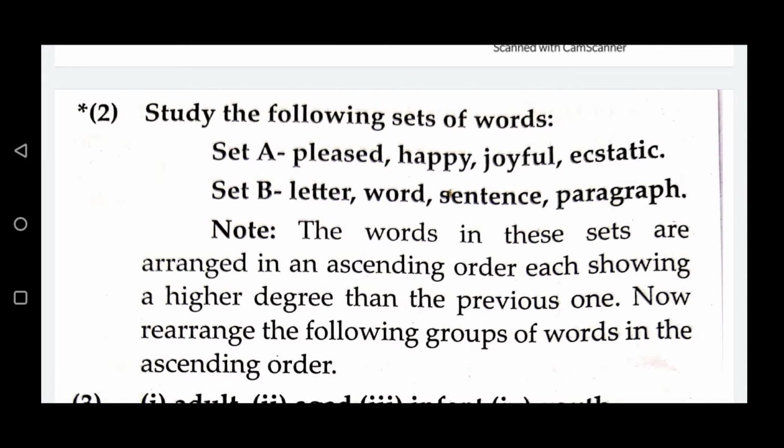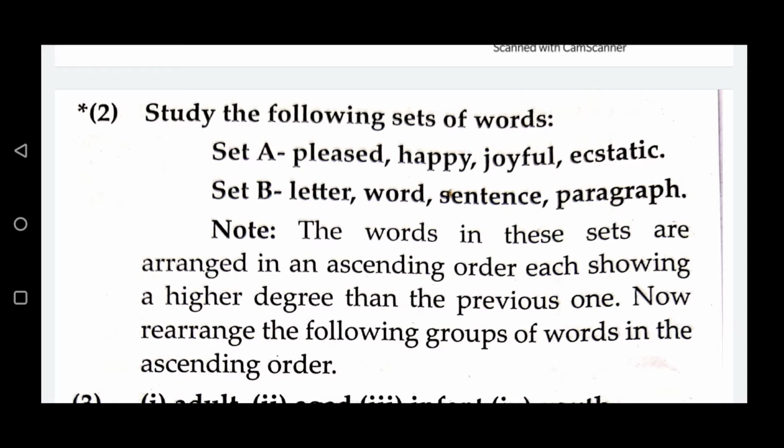Now study the following set of words. Now this is a different type of placing the words in order. The first set is pleased, happy, joyful, ecstatic. Now here you can see that the words are arranged in the ascending order of their importance or ascending order of their degrees.